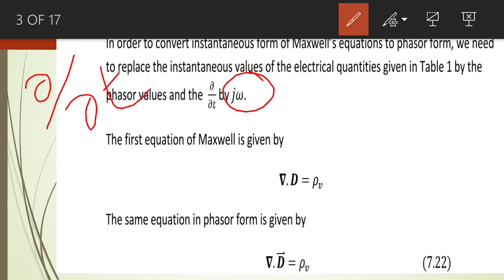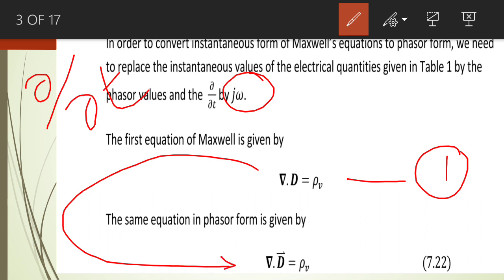Okay, so this is the instantaneous form of equation number 1, and we want to convert it into phasor form. In order to convert the instantaneous form of equation number 1 into phasor form, we replace the instantaneous value of the electric flux density by the phasor value, and that's it.